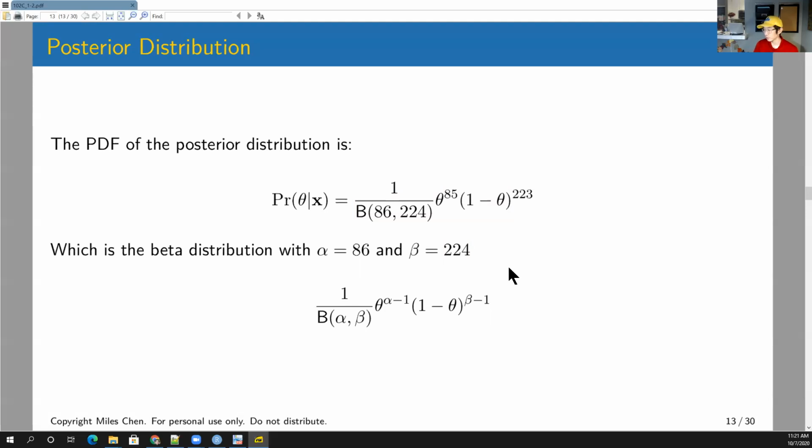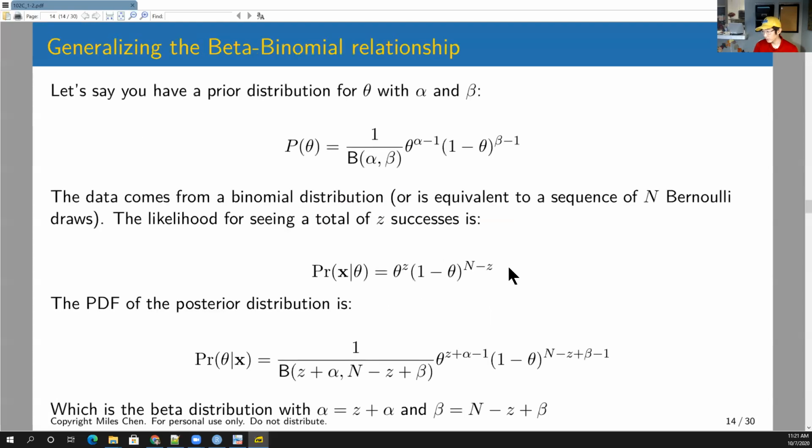All right, and so we can generalize what we found here, and we can just say, in general, if your prior distribution on theta is a beta distribution with shape parameters alpha and beta, and if your data comes from a binomial distribution or is equivalent to a sequence of n Bernoulli draws, then your likelihood is going to be this.